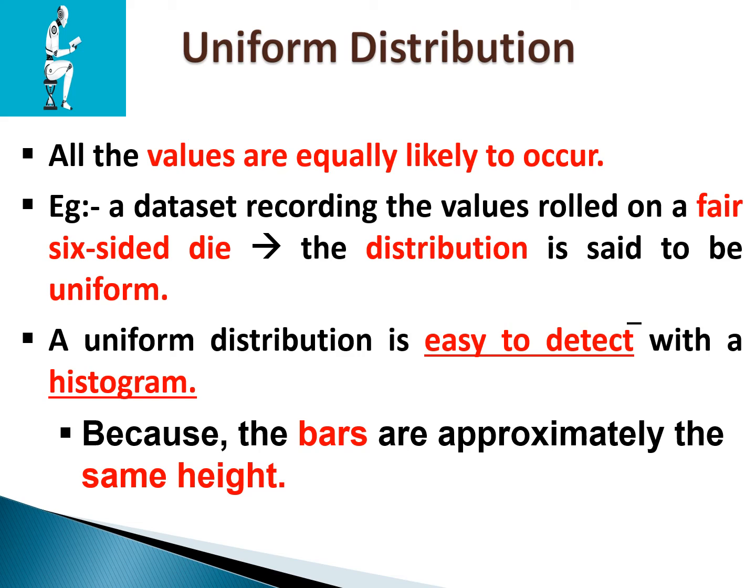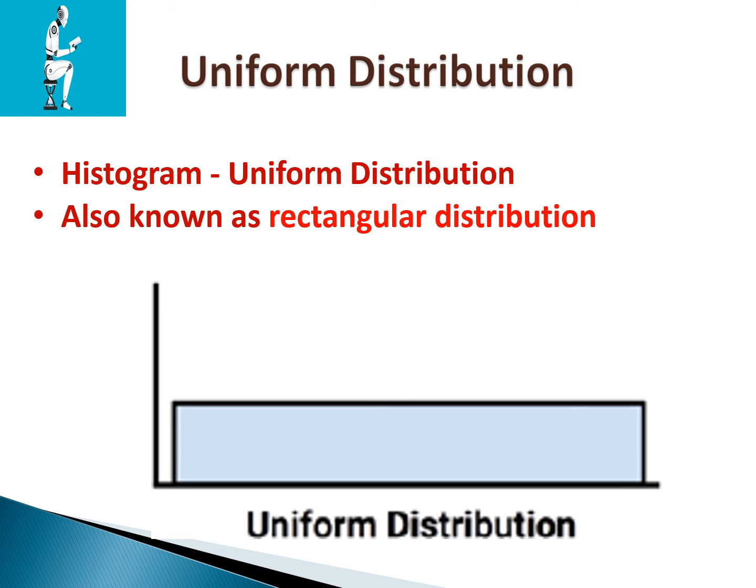A uniform distribution is easy to detect with the help of a histogram. If you plot the data values and the histogram bars are of the same height, then we can say that it is a uniform distribution. The uniform distribution is also known as rectangular distribution because all the bars have the same height.